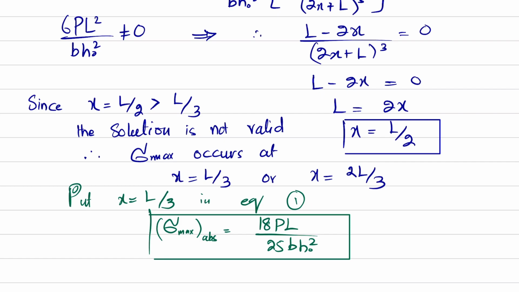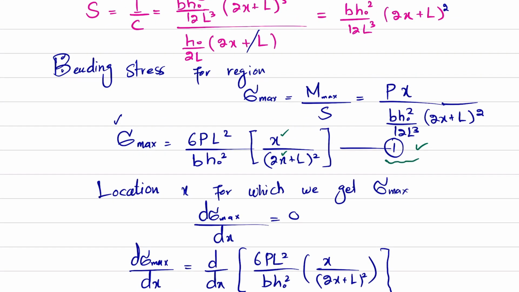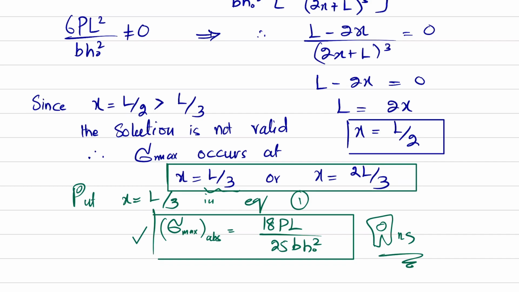So just put x equal to L by 3 in equation 1 and you will get this maximum bending moment. In this way you have found the maximum absolute bending moment and its location. These are the two answers.